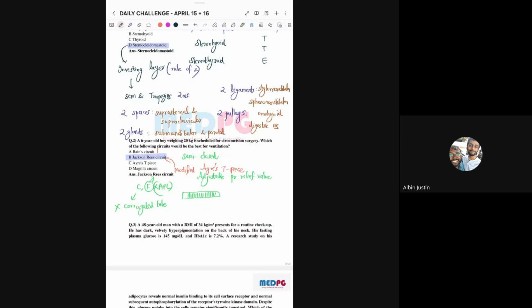What is B? It is a modification of Mapleson A and D. It is for adults and high flow. In the T-piece, there is no reservoir bag. And what is the Magill circuit? It is for spontaneous breathing in adults.